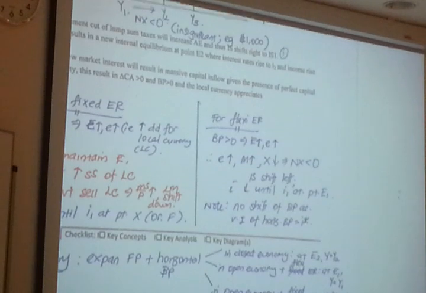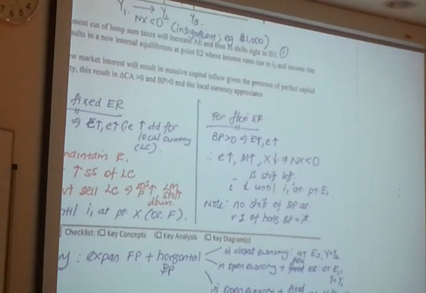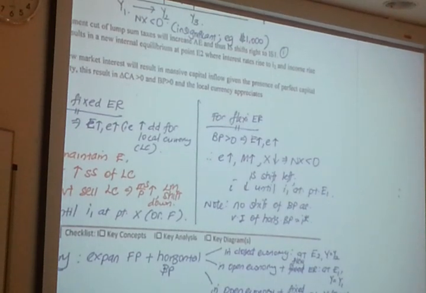Look at the overall diagram. It's not just, oh, there are 3 outcomes, but compare. So what is your advice to a government? If you want to use fiscal policy and your BP is very flat, then you should execute fixed exchange rate.